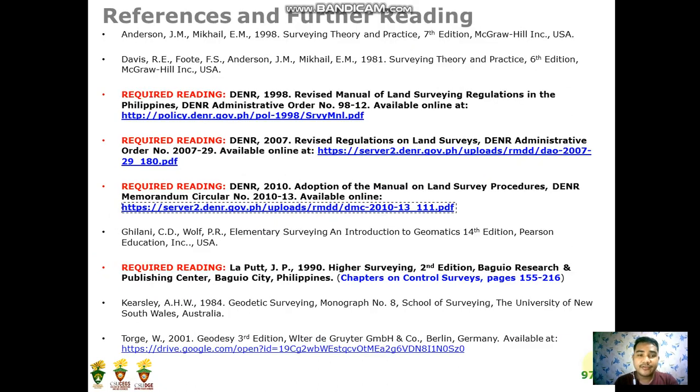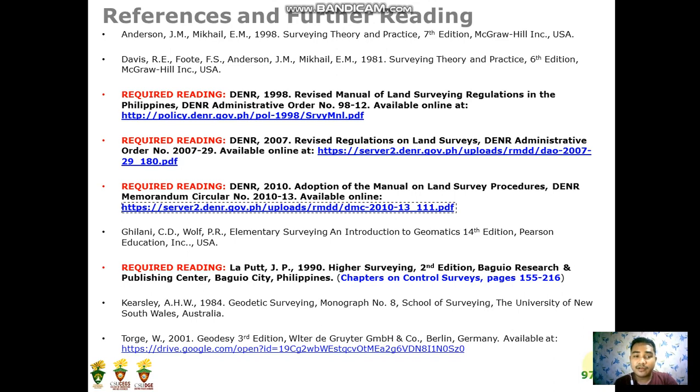And here are the references and further readings. If you want to explore more about this topic, we have references from Anderson, Davis, Gilani, Kersley, and Torgate about geodesy and geodetic surveying.